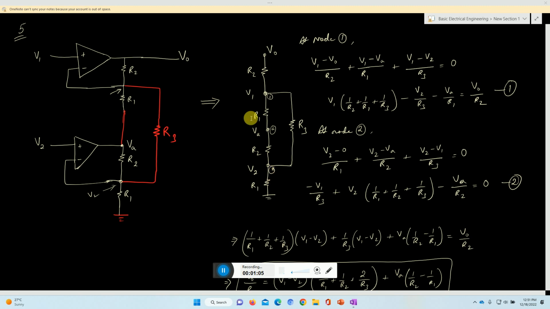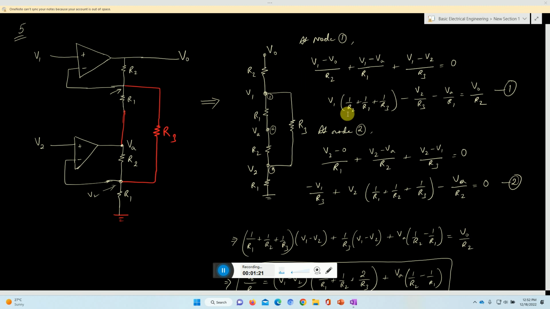If we take the node analysis at node 1, we can say (V1 minus V0) by R2, (V1 minus VA) by R1, and (V1 minus V2) by R3 is equal to 0.